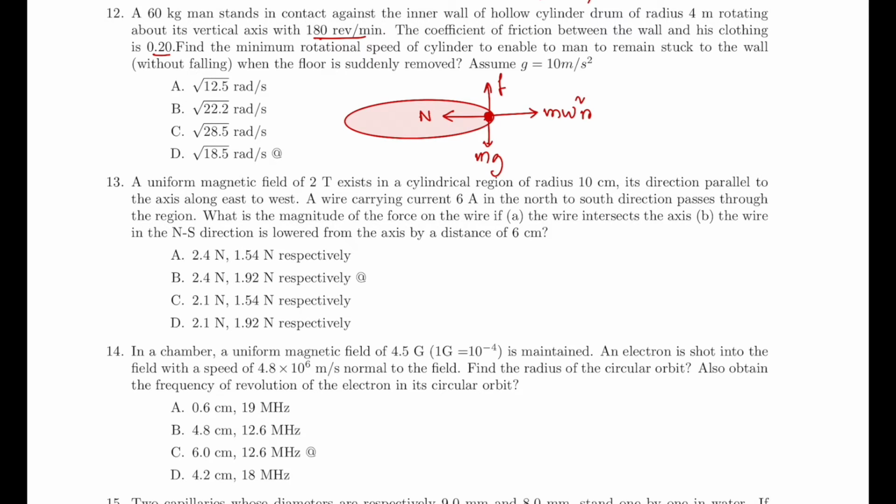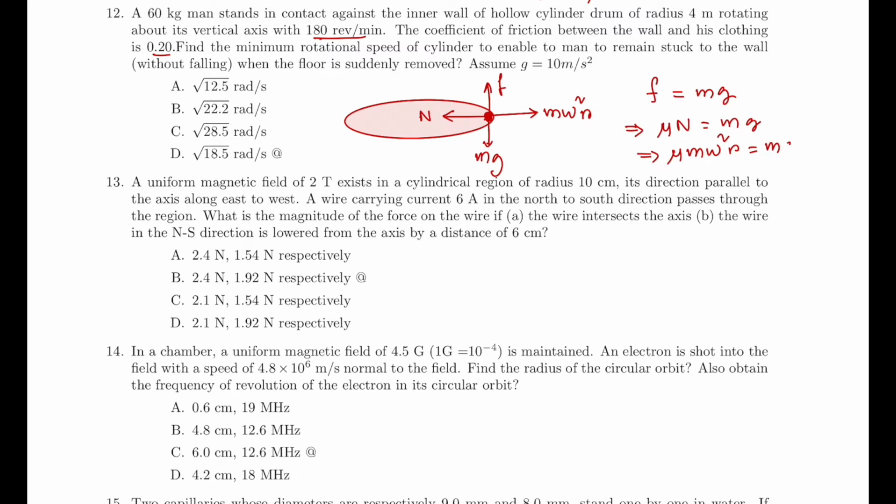So the person will stick to the wall when F is equal to mg, that means mu N is equal to mg, that means mu m omega square r is mg.